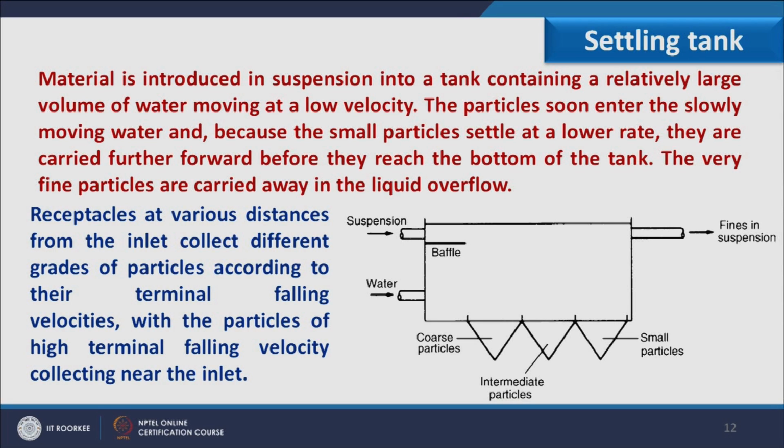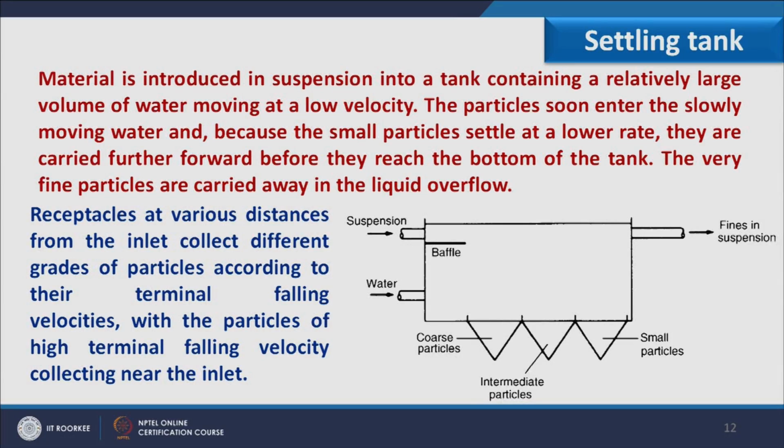Intermediate particles are collected in the chamber at the center, and finally we have the small particle collection chamber. Further, the finest and lightest particles keep moving with the liquid in the suspension itself, and we can take them out as overflow.